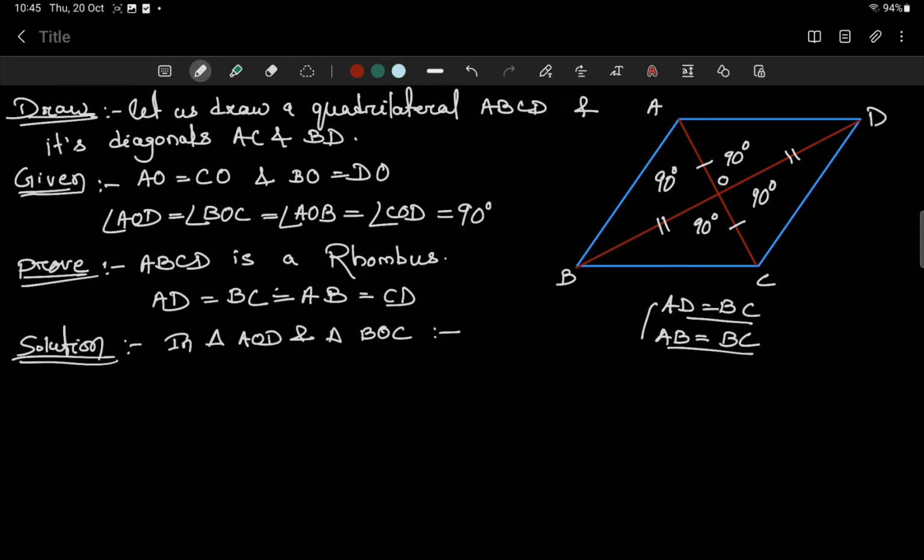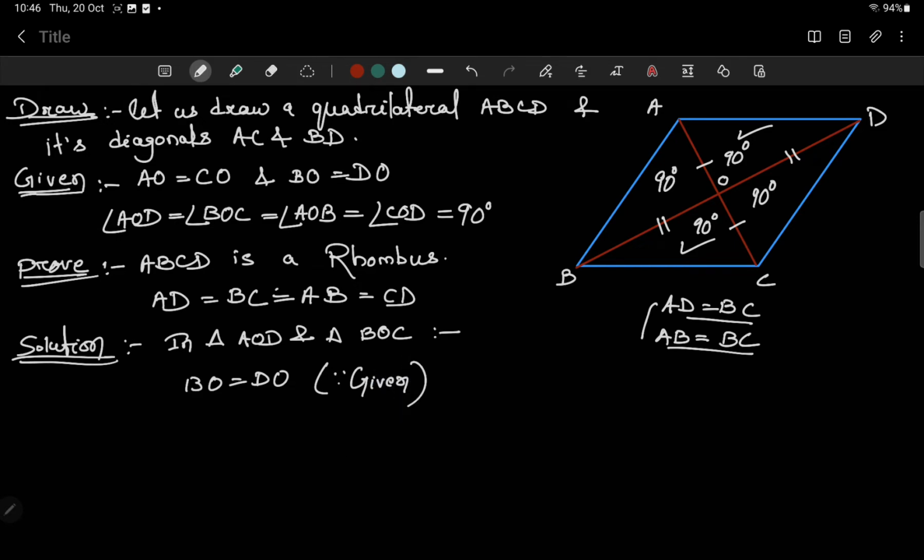So first one is triangle AOD and BOC. You can see this one and this triangle. In these two triangles, what are same? Now OB equals to OD, or we have written BO equals to DO. Why? Now given.